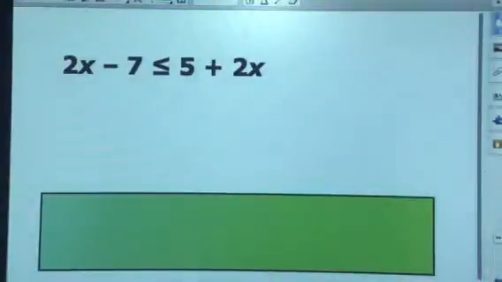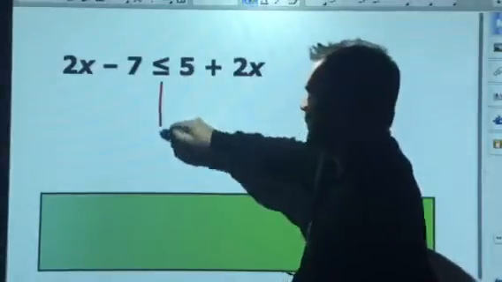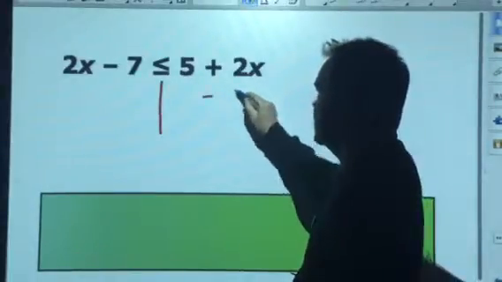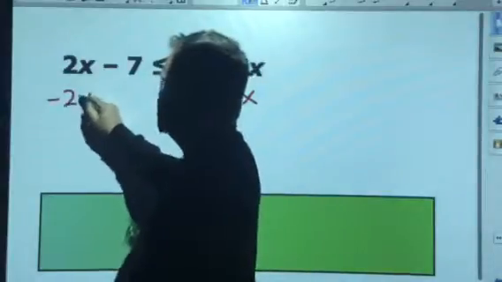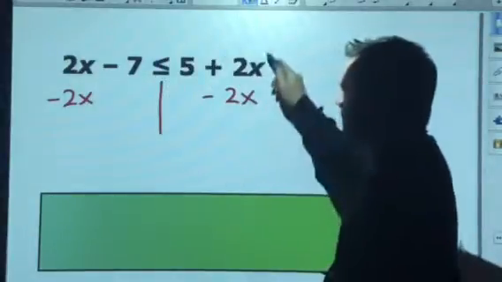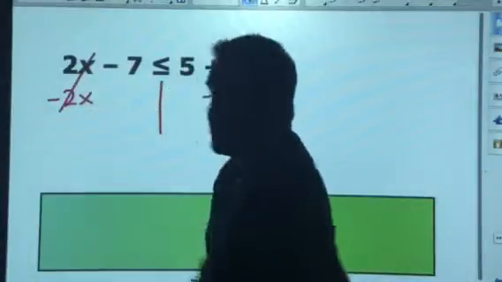Okay, so here's the first one. Notice that we have variables on both sides. We need to get those together to combine like terms. So I'm going to draw my fence and I'm going to subtract 2x on this side and subtract 2x on this side. These will cancel out, and on the left-hand side, well, they also cancel out.